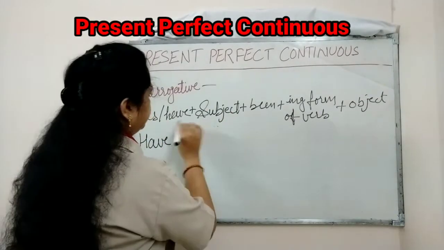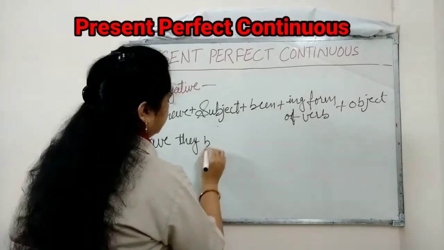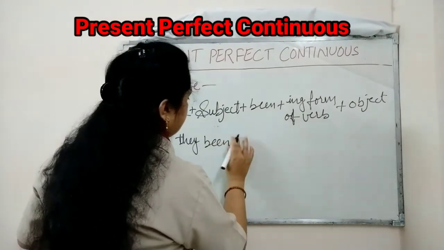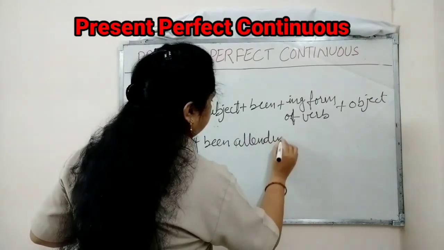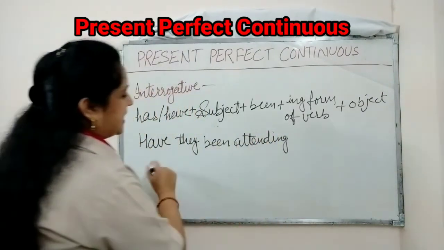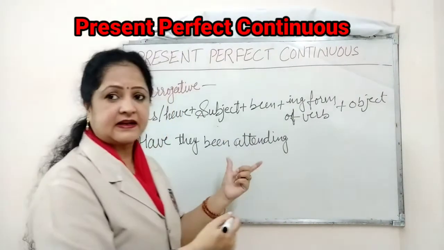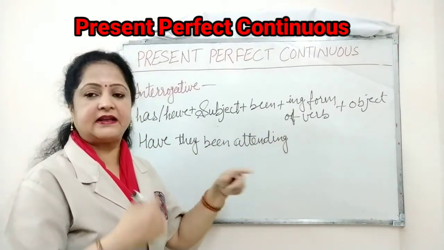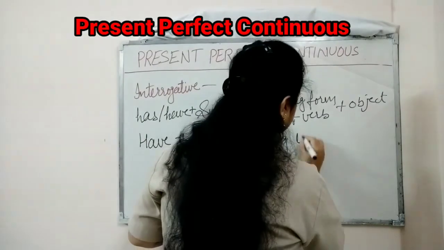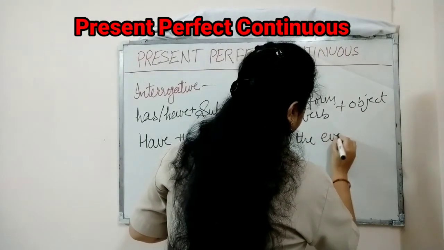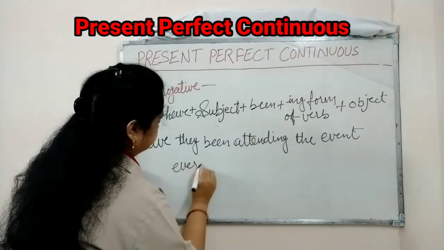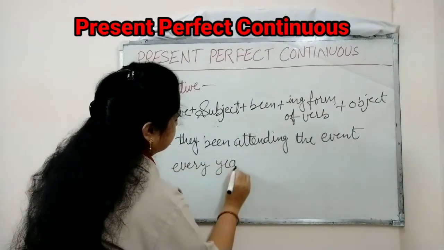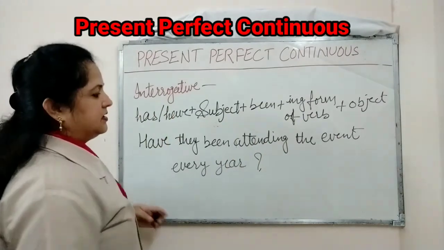Then we write been. Have they been, and after that we write the ing form of the main verb. Have they been attending? Is it clear? Have they been attending the event? And then every year. Now let us put the question mark here.